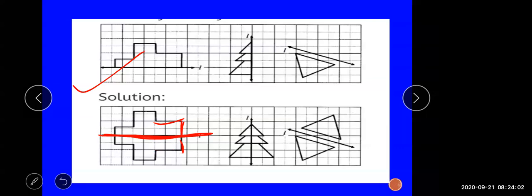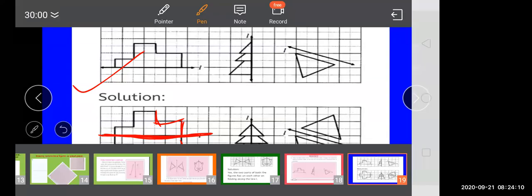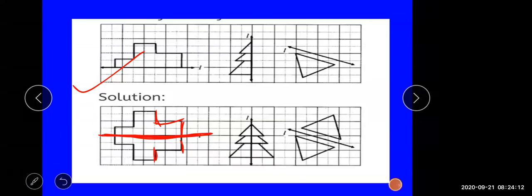We can use the pencil on the graph paper. If this line is on the above side, we have to draw it on the below side, the opposite. When we complete this line, we will get the complete object, and it's a symmetrical object.